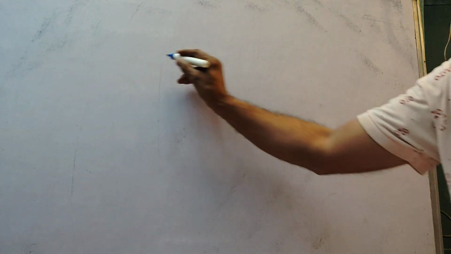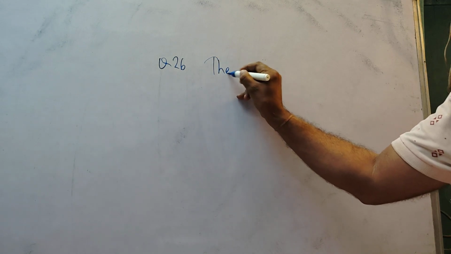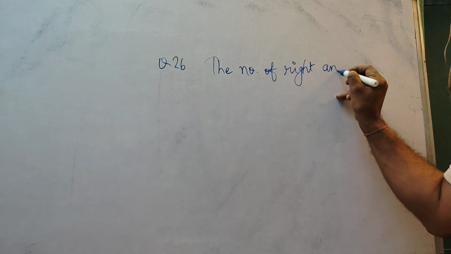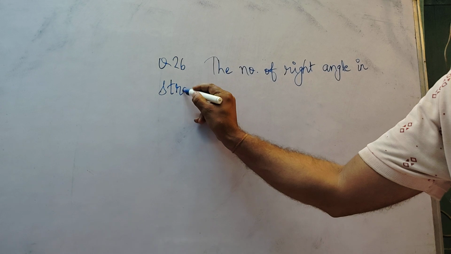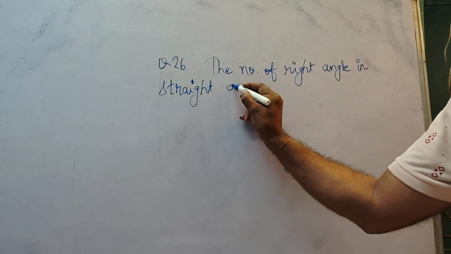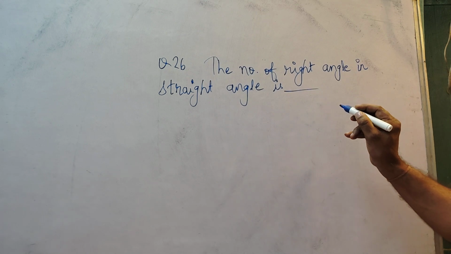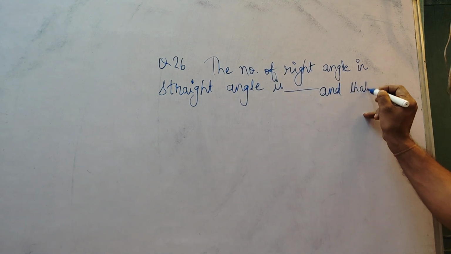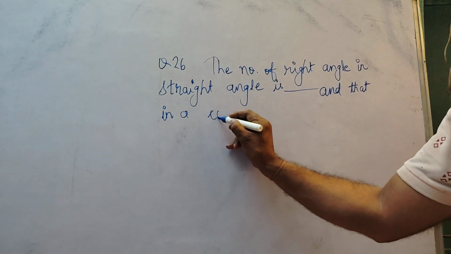Question number 26. The number of right angles in a straight angle is dash, and that in a complete angle is dash.